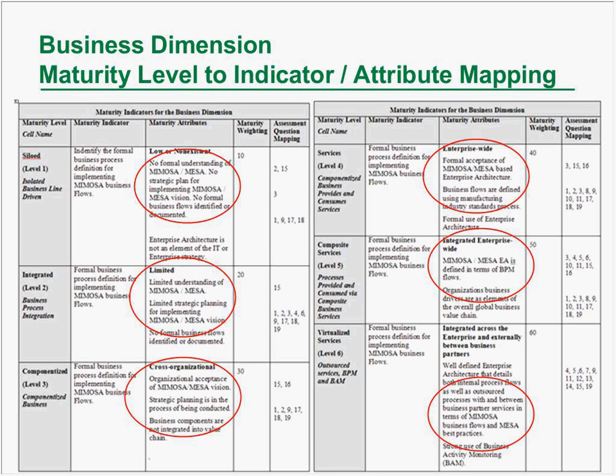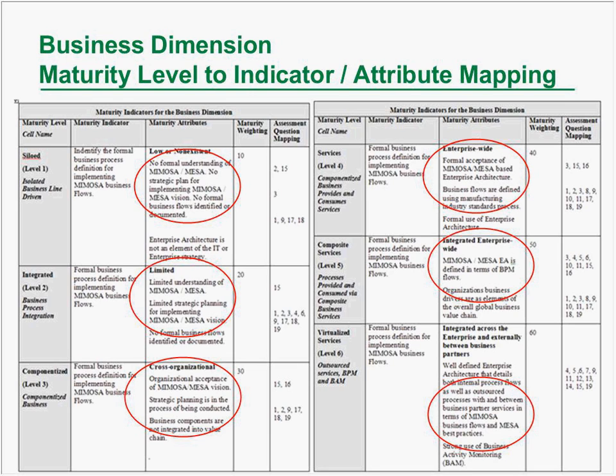So as we go up in maturity, or we're in adoption of MIMOSA and MESA standards, we're going to see at level 5 that MIMOSA and our MESA EA is defined in terms of BPM flows, and that the organization, or DDB in this case, our business drivers are elements of the overall global business value chain.